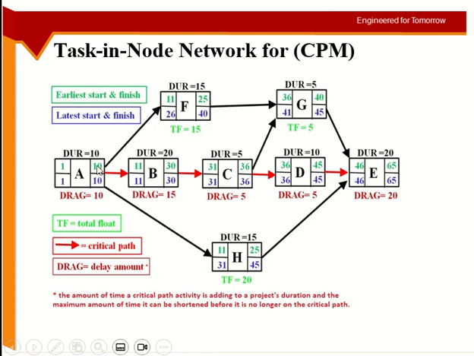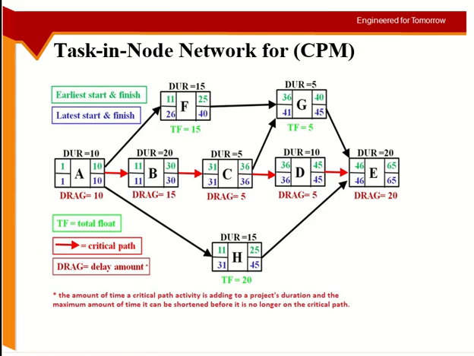Now this is another path: 10 plus 15 plus 5 plus 20 will not give you 65, it will give you less. If I go with this path, 10 plus 15 plus 20, again less than 65. If I go A to B to C, then G and then E, let me see, 10 plus 20, 30, 35, 40, 60. So any path which is not the critical path will give you a lower duration than the critical path.